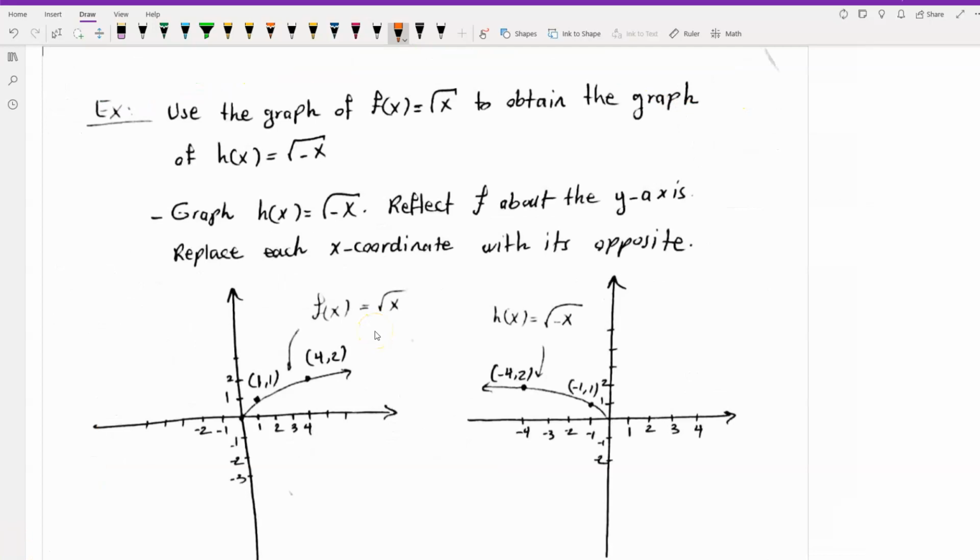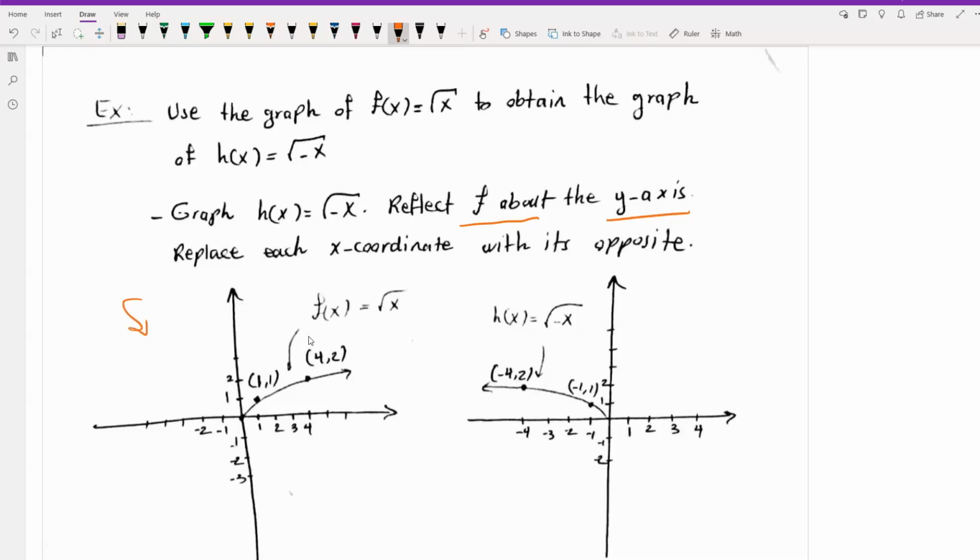Example: use the graph of f of x equal to square root of x to obtain the graph of h of x equal to square root of negative x. To graph h of x, reflect f across the y-axis, replacing each x coordinate with its opposite.